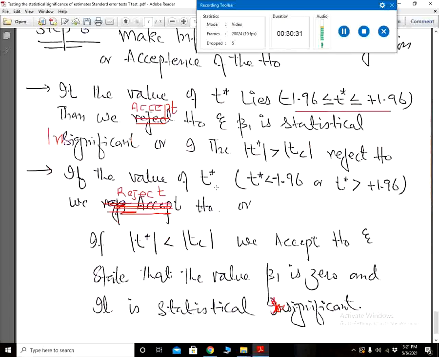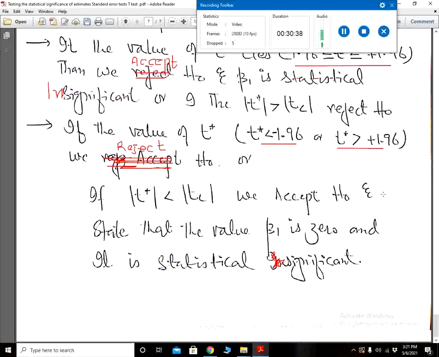If the value of t is less than negative 1.96 or greater than 1.96, we reject the H naught. Now we generalize our criteria. If the absolute value of t is less than the absolute critical value, we accept H naught and state that the value of beta 1 is 0 and it is statistically insignificant, right?